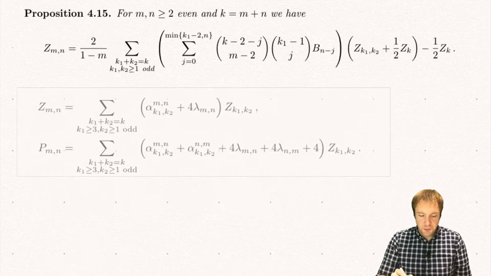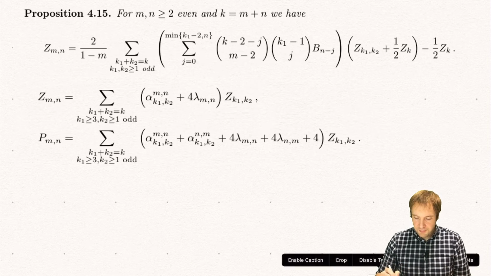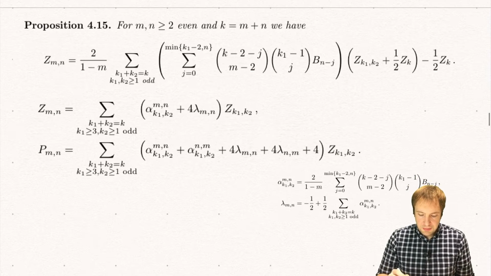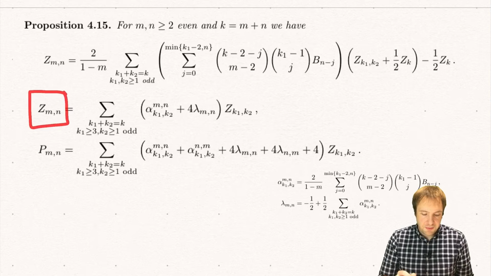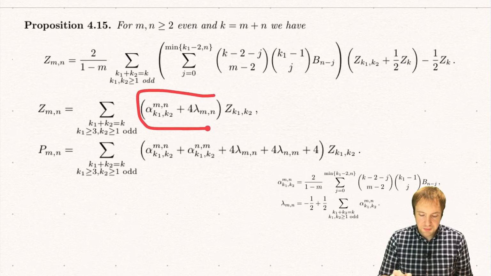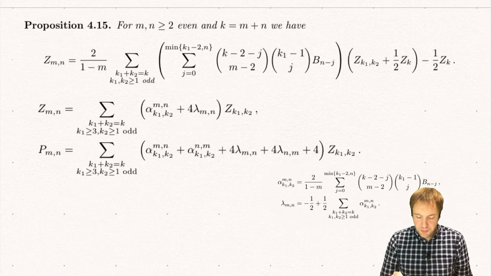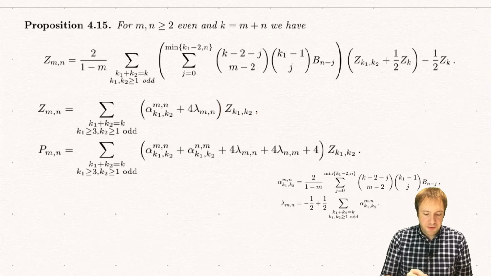And therefore what we also can then obtain, maybe these formulas are now not so nice anymore, but any Zmn, m and n even, is an explicit linear combination, where you can write down these coefficients in an explicit way, of Z odd.